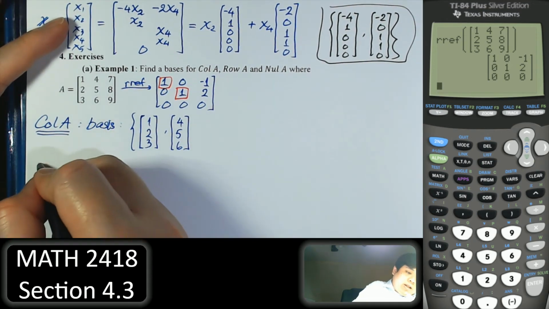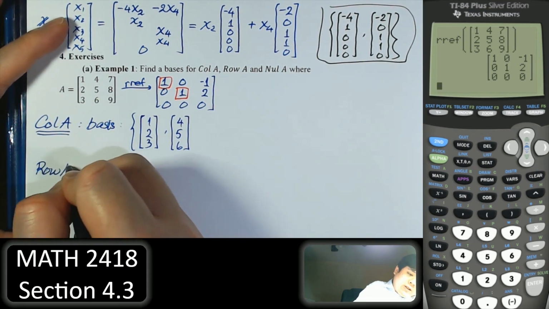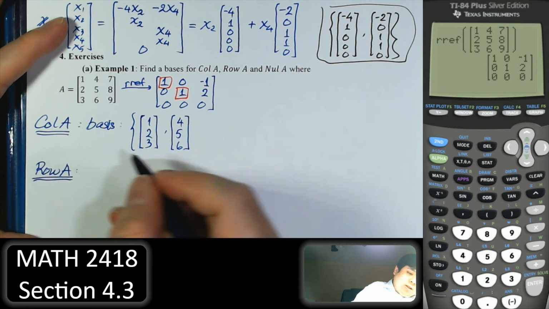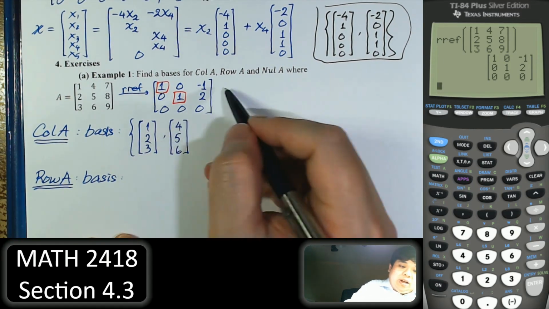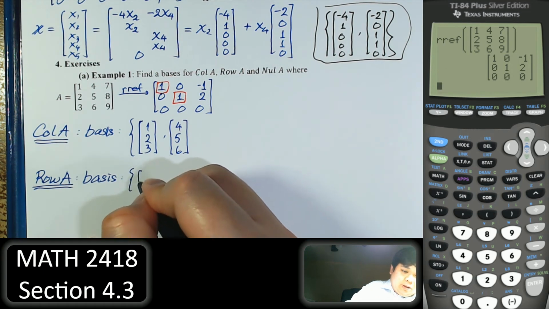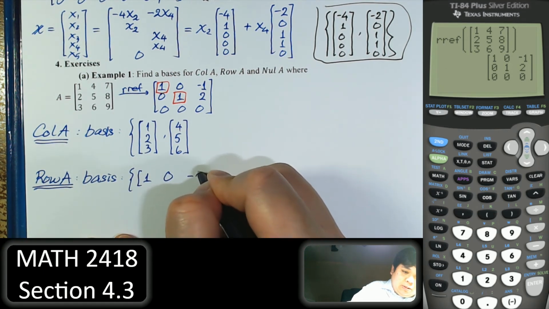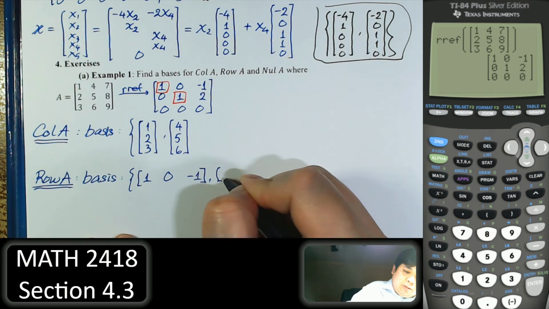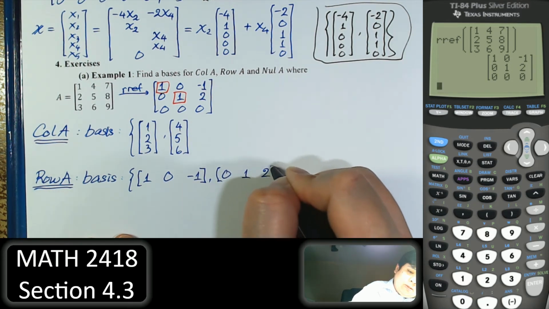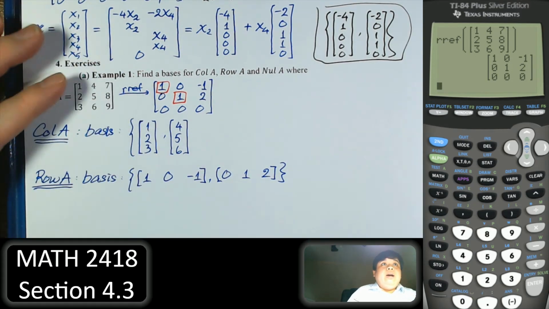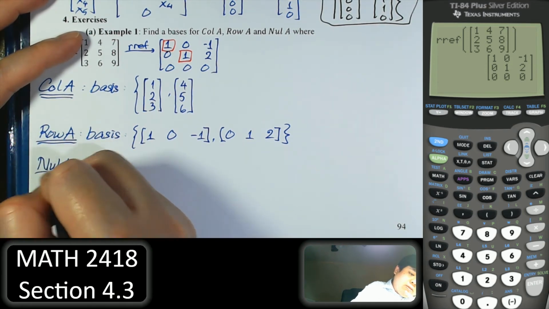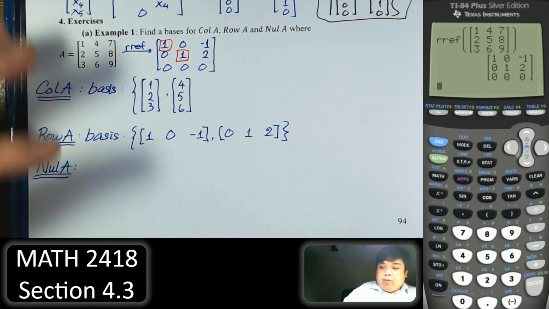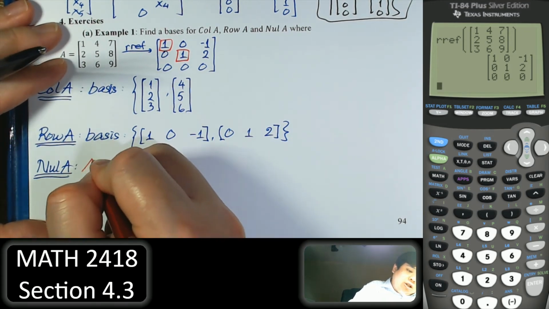And then row space, the basis for row space will be these 2 rows. And for the null space, we have to solve the homogeneous equation.